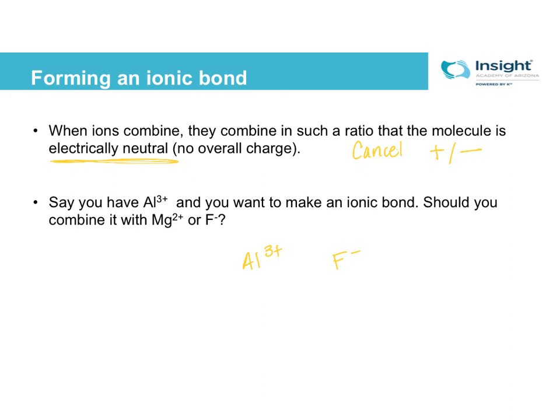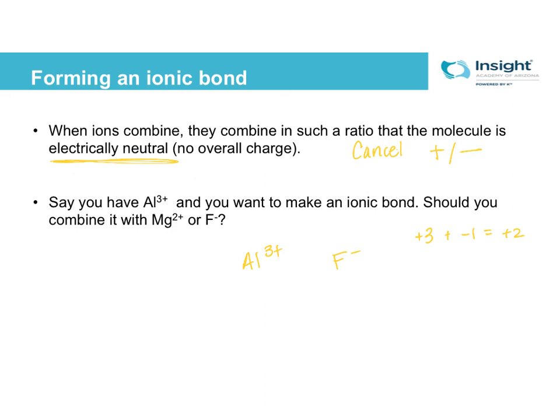Now, the next caveat to this is how you combine them. Because right now, if we were to do 1 aluminum and 1 fluorine, our overall charge, if I do +3 plus -1, that's +2. I need my overall charge to equal 0. So I have too much positive charge.